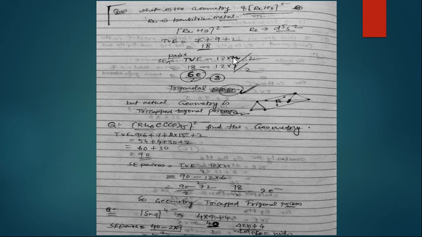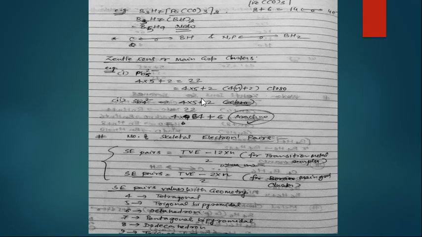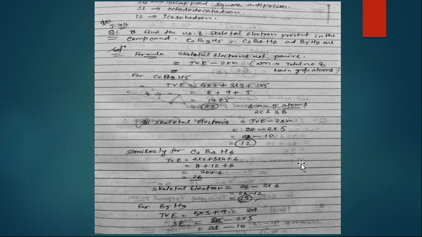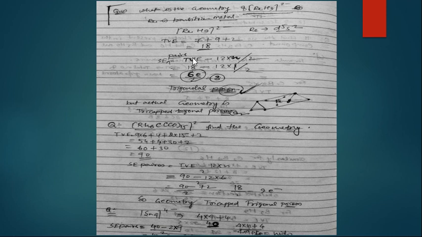So here, if you see the formula for transition metal complexes, skeletal pair is for transition metal complexes. Here the same formula has been used.